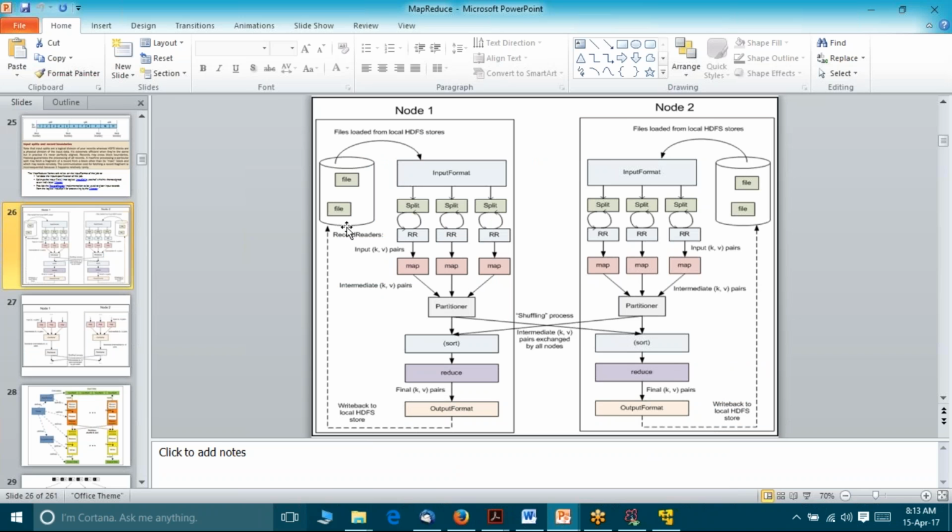That is the decision of the programmer, who will decide whether the output of the reduce needs to be stored in compressed form at the cluster level or not. But in terms of the MapReduce job execution process, if the output of the map is kept in compressed form, a small amount of data is written to the hard disk and a small amount of data is read, then obviously the performance increases.